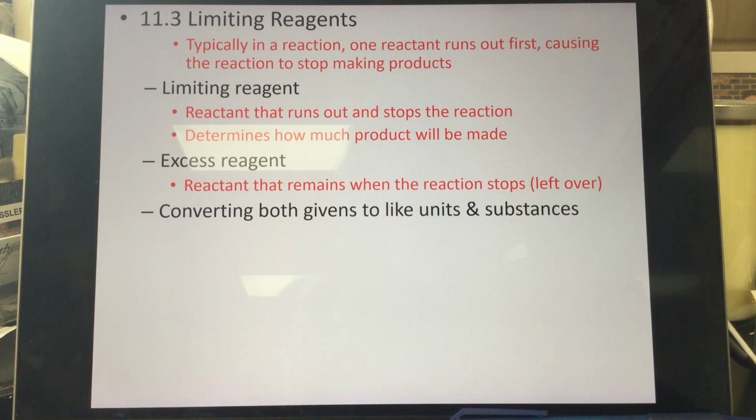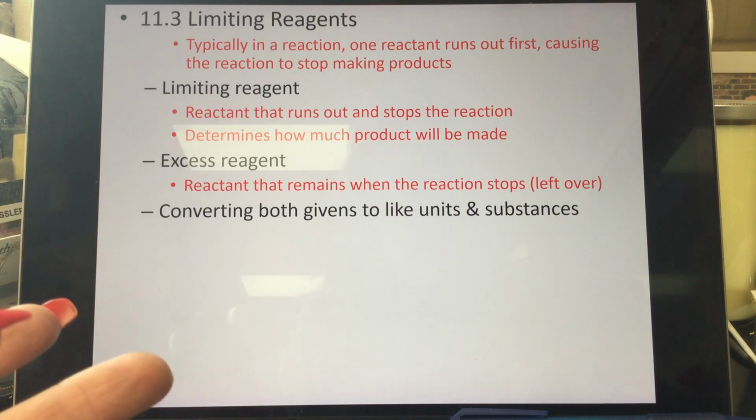So there's a number of ways you can do this. I don't really recall what the book shows, and I've taught it several different ways over the years. But regardless of how you determine which one's the limiting reagent, which one's the excess reagent, you have to convert both of your givens to not only like units, but like substances.